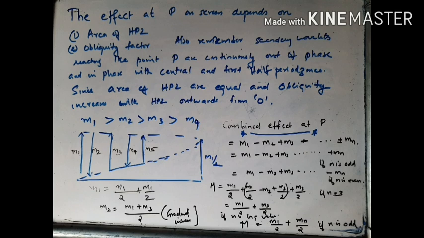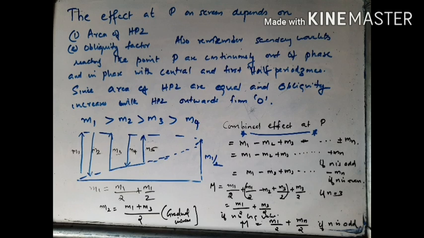If n is an odd number, the last term will be plus Mn. If n is an even number, the last term will be minus Mn. Now we are considering a special case: if n is an odd number and the smallest odd number, let it be 3.